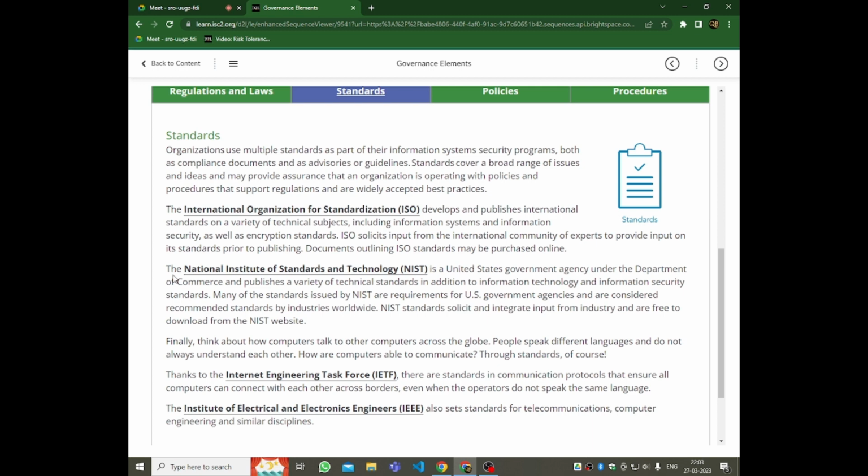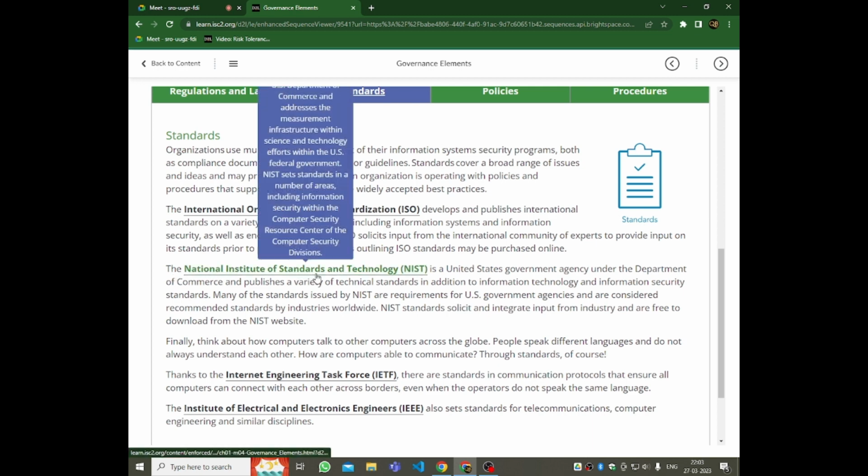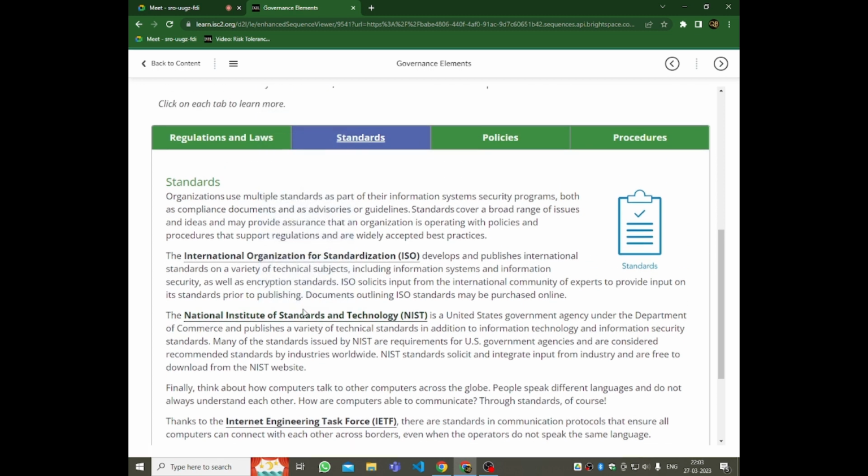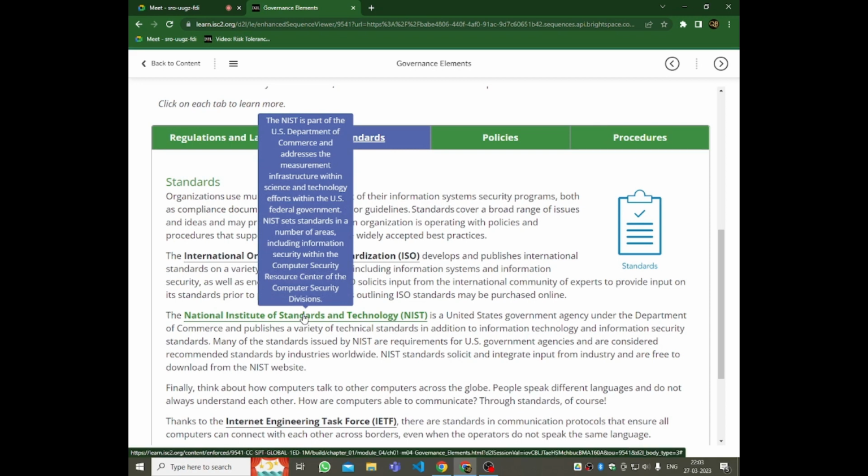So then next they told us about NIST, the National Institute of Standards and Technology. NIST is part of the US Department of Commerce and addresses the measurement infrastructure within science and technology efforts within the US federal government.